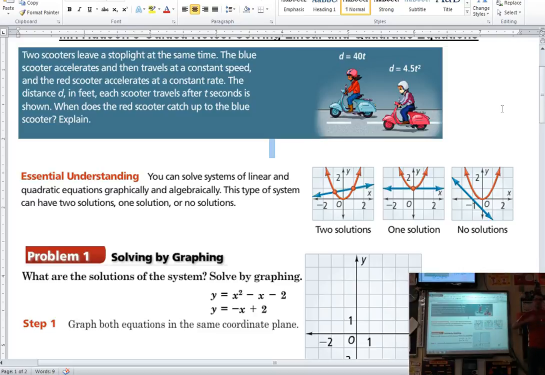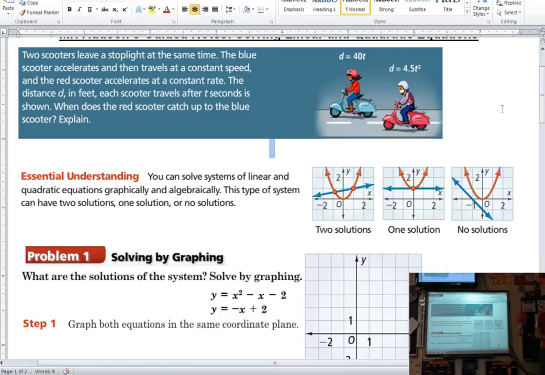This scooter is stopped. All you had to do was go 40 feet per second. That's not that fast. We could convert this to miles per hour if you really want to, but we don't need to right now. This scooter is starting and then catching up and will eventually be going faster. How could we figure out how long it takes for them to be at the same location?